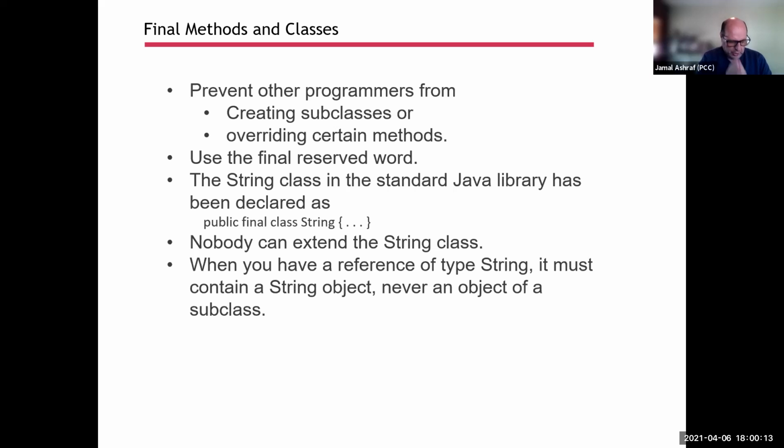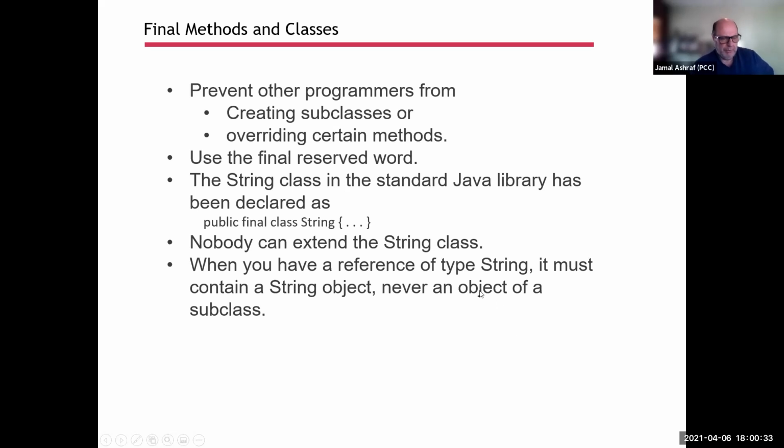I don't want them to touch it. I want them to use it the way it is. I want to be sure nobody can override this method. So I have a method that I don't want anybody to be able to override. So in that case, I'm going to call it final.